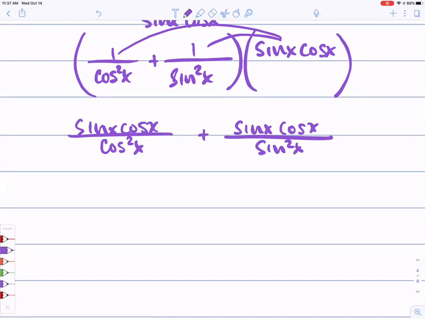What can I cancel? Anything in the first term? A pair of cosines, right? What will that leave you with? What about in the second term? What will that leave you with?